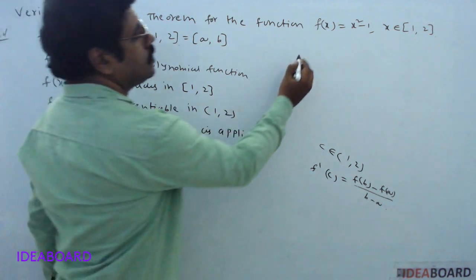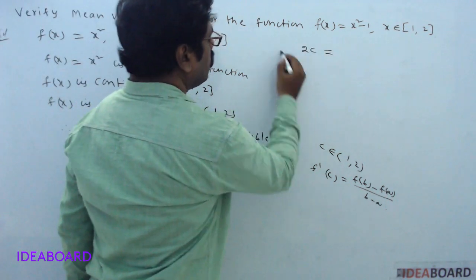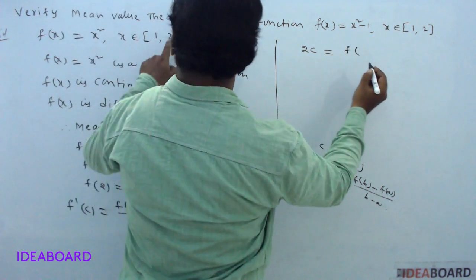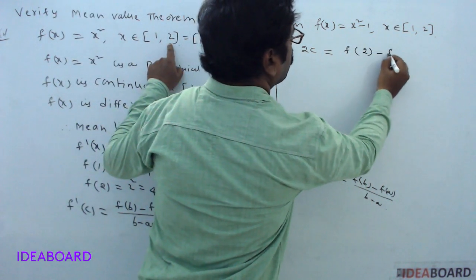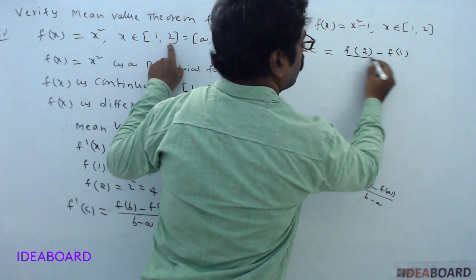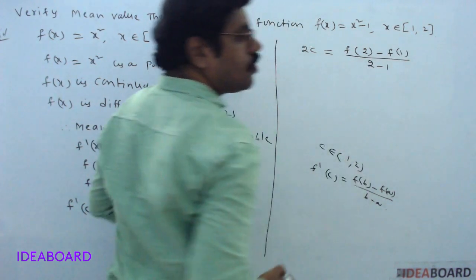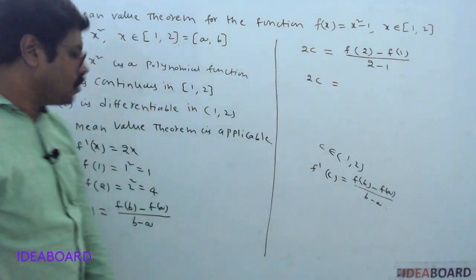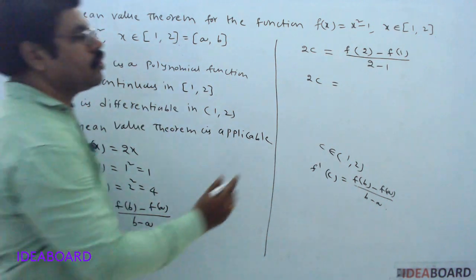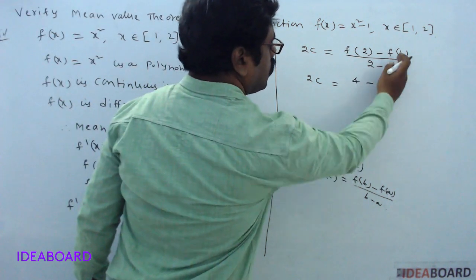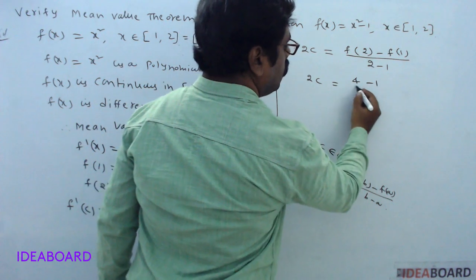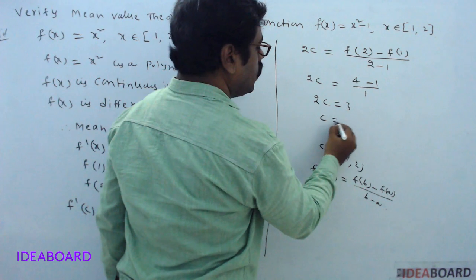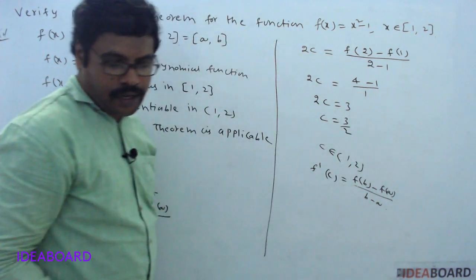So f dash of c, that is nothing but 2c, equals f of 2 minus f of 1 upon 2 minus 1. What is the value of f of 2? 4, minus f of 1. F of 1 is 1, upon 1. So this is 2c equals 3, c equals 3 by 2.